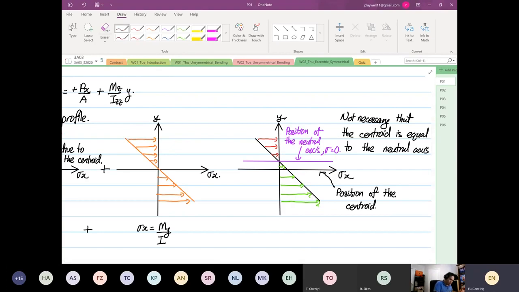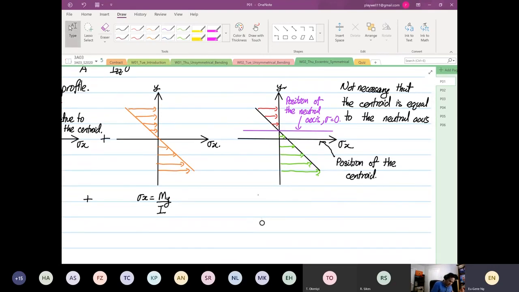And this is only true when you have eccentric, symmetrical loading.